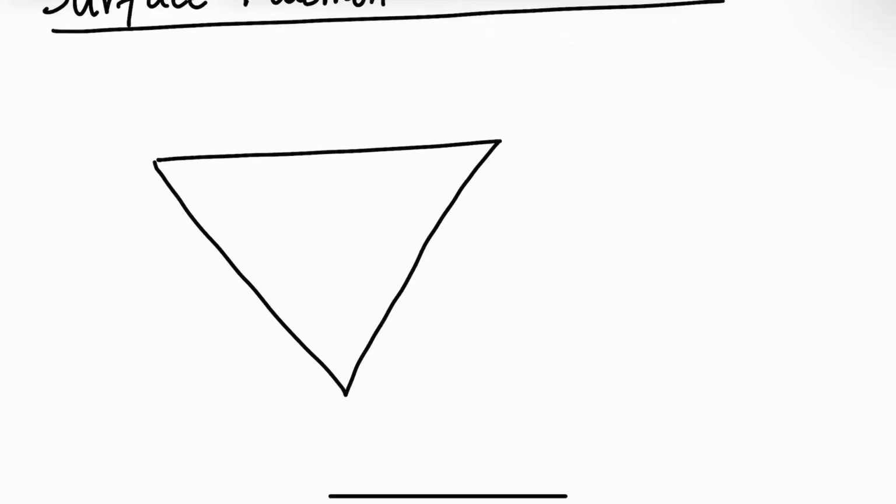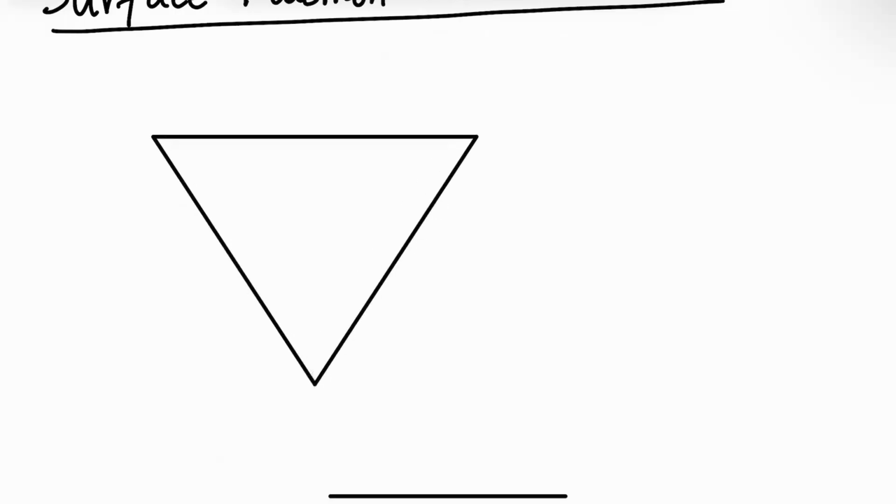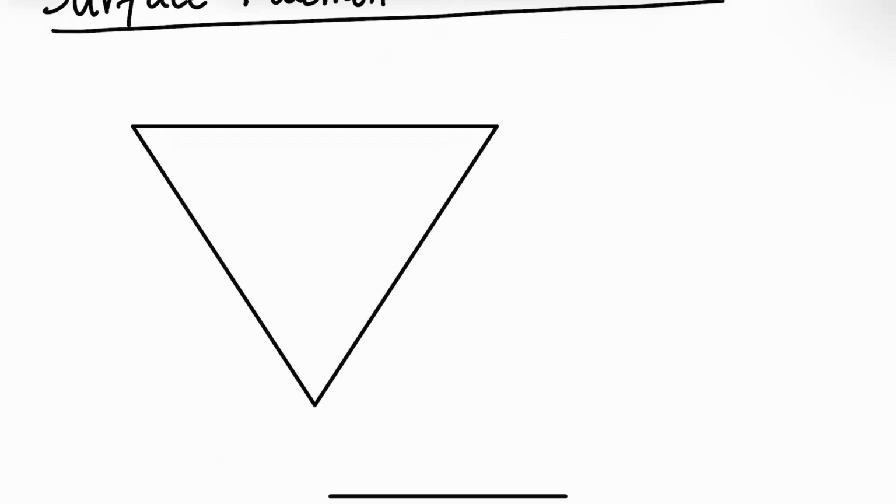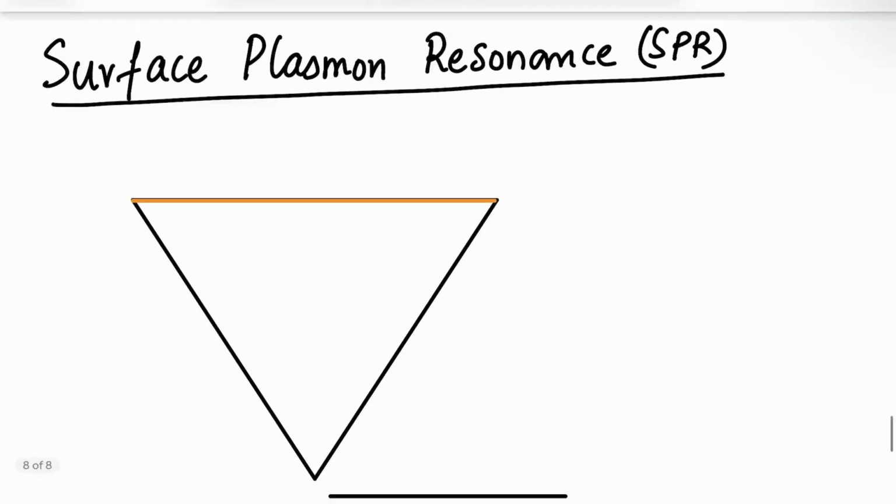So the idea is this: you have a similar kind of dielectric prism, and then there is a metal coating, a thin gold coating, on top of this prism. The gold coating is there so that you can excite these surface plasmon resonances. That's why it's called surface plasmon resonance.